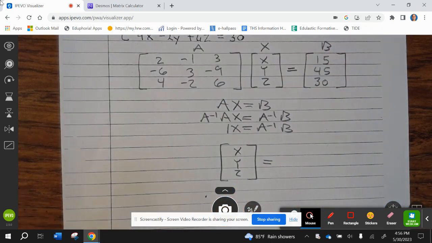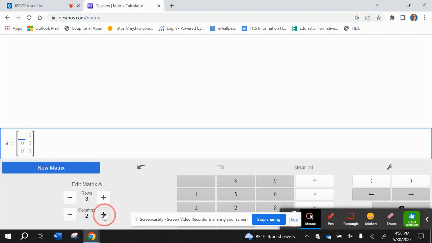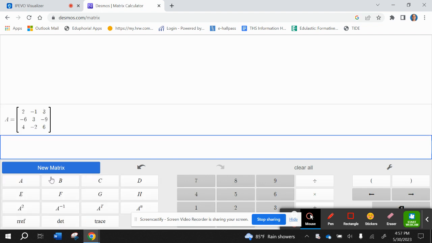equals, so let's use our calculator. We're going to clear out what we had before. So new matrix, 3 by 3. So that's 2, negative 6, 4, negative 1, 3, negative 2, 3, negative 9, 6, enter, and then new matrix.